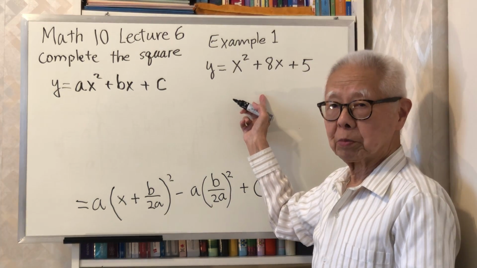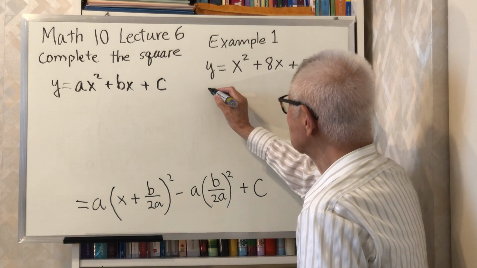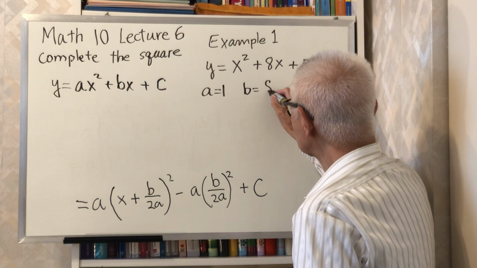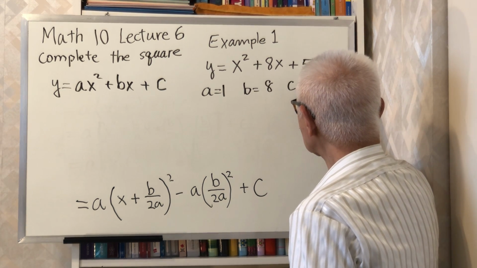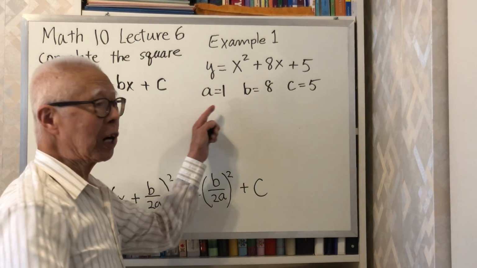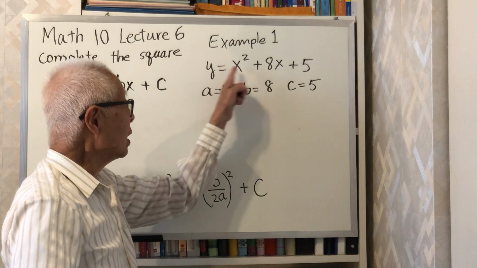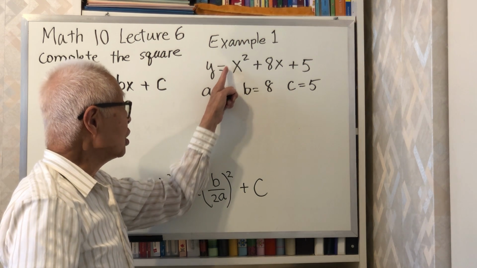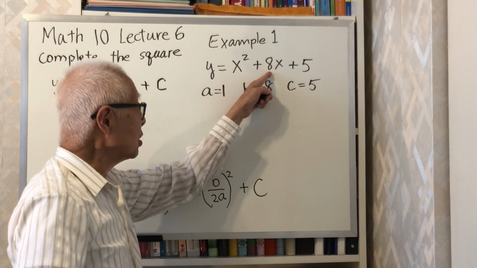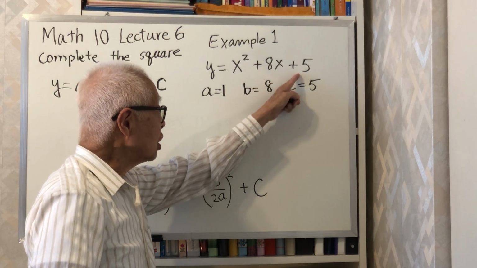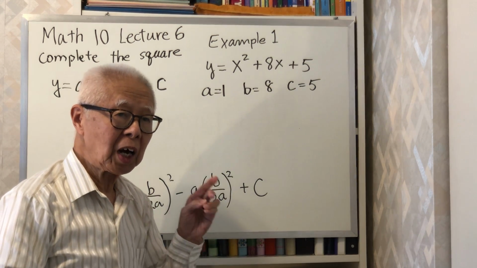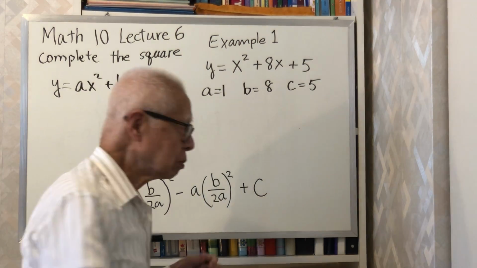This is the given function. So for this function, I have a equals 1, b equals 8, c equals 5. I want to complete the square. I just use the result.